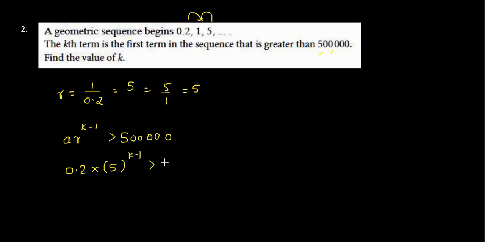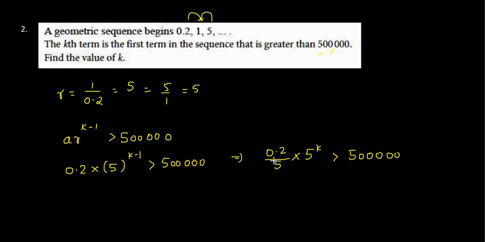This is greater than 500,000. I can rearrange the term like this: 0.2 divided by 5, times 5 raised to power k, is greater than 500,000.